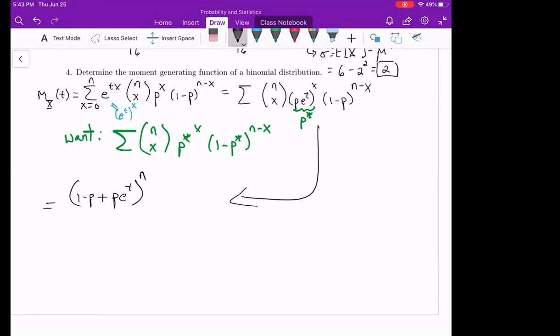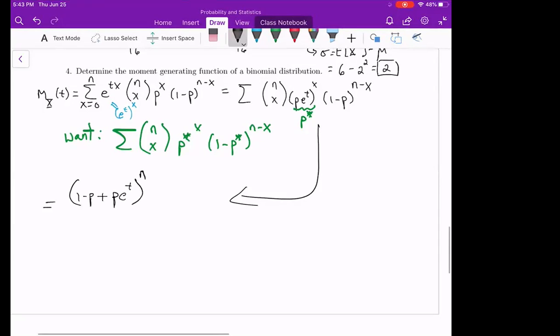And so this actually managed to get rid of the summation right away in one shot. This is by the binomial formula. And it has that name.